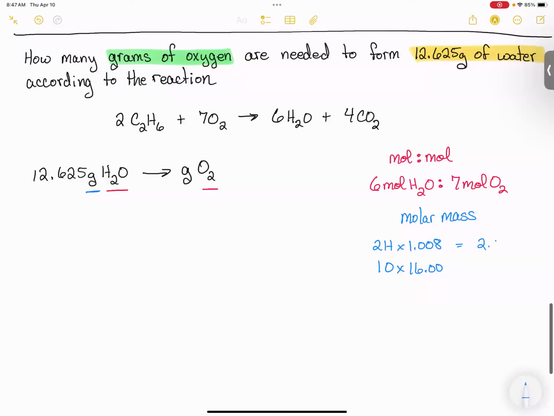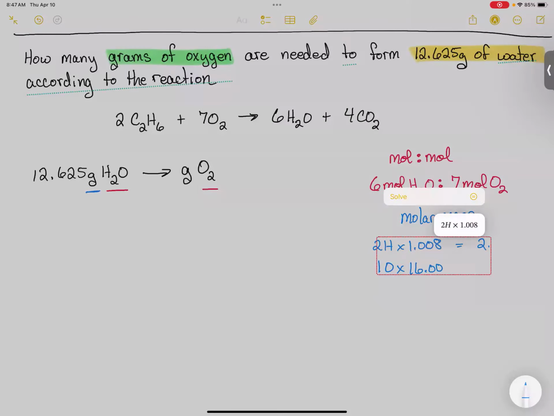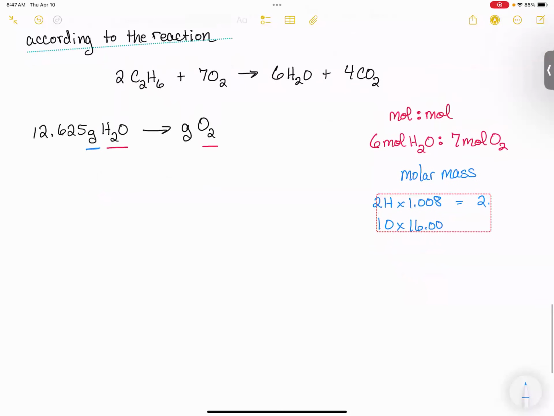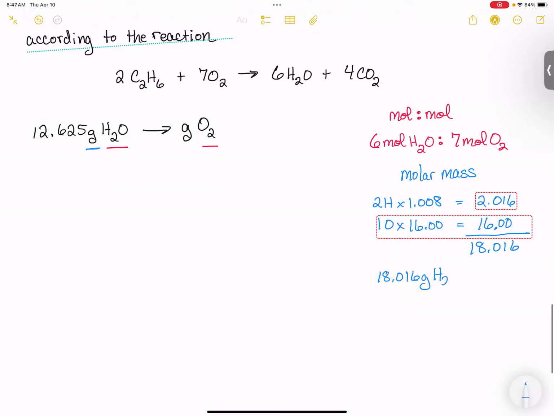So 2.016 and 16. Add those together, that means water is 18.016. That's 18.016 grams of water is equal to 1 mole of water.